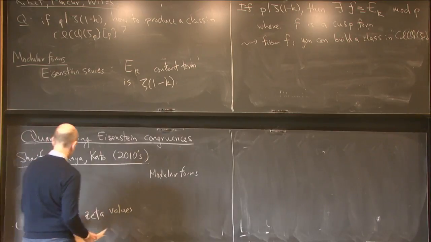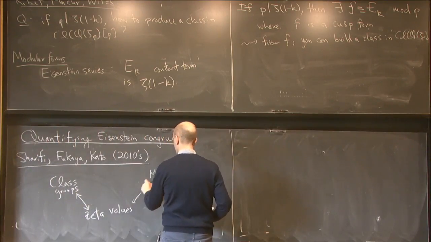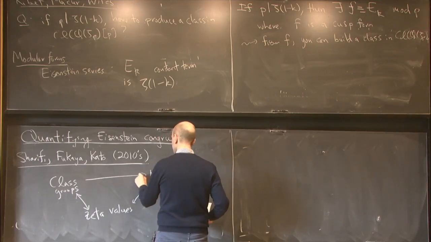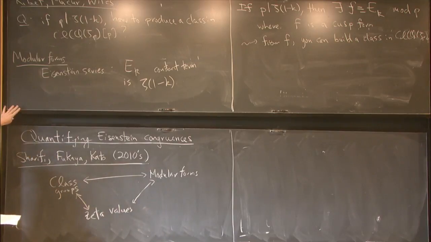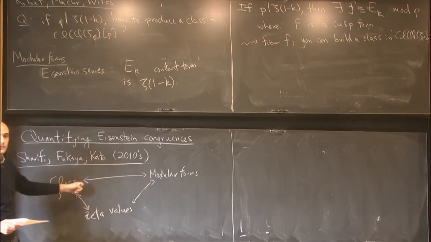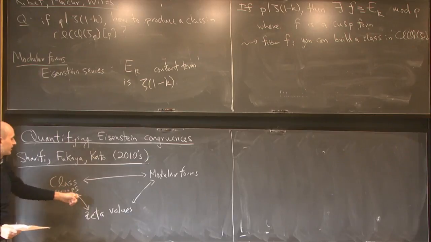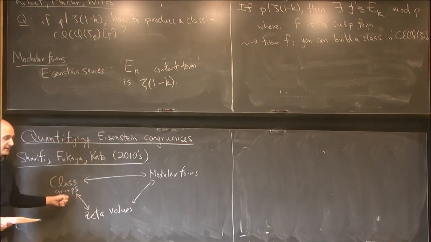So there's sort of a triangle of things being related to each other. And I suppose the idea of Ribet and Mazur and Wiles is that they're really interested in connecting these two sides of the triangle, and they use this other part as an intermediary to try to attack this arrow. So you go from zeta to modular forms to class groups, and that shows these two things are related.